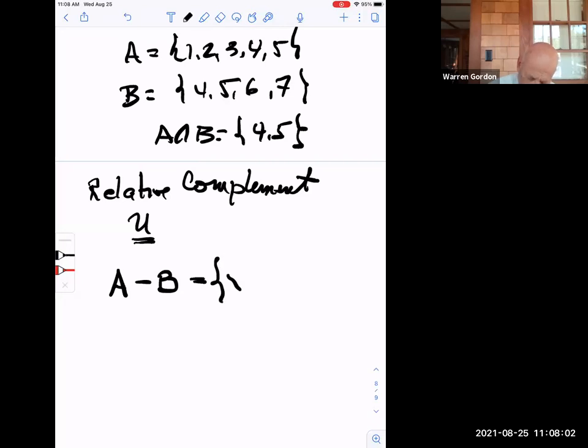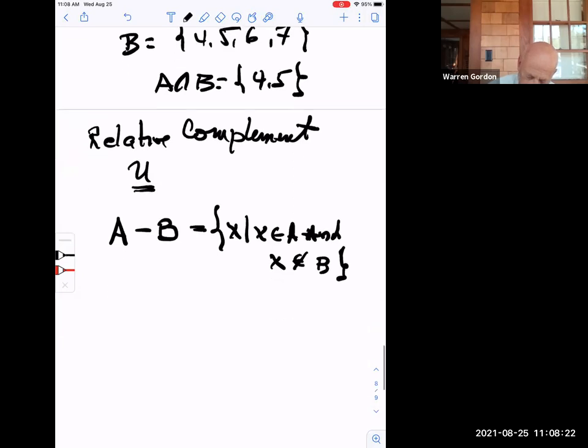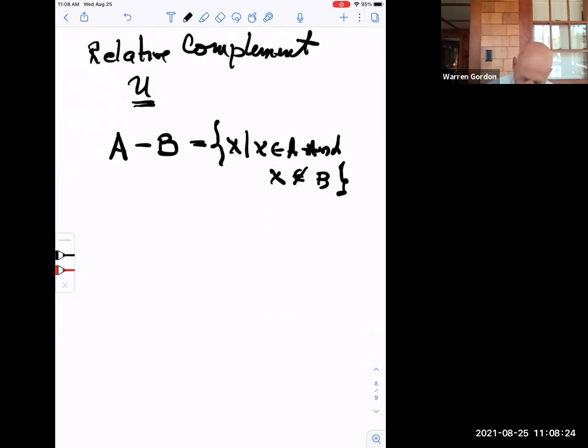It's the set of all elements x such that x is an element of A and x is not an element of B. Pictorially.